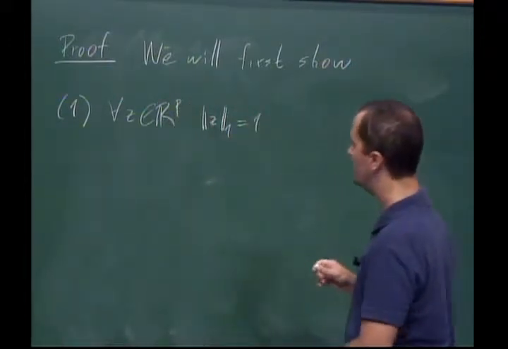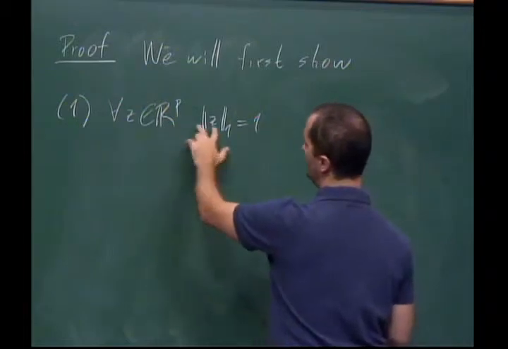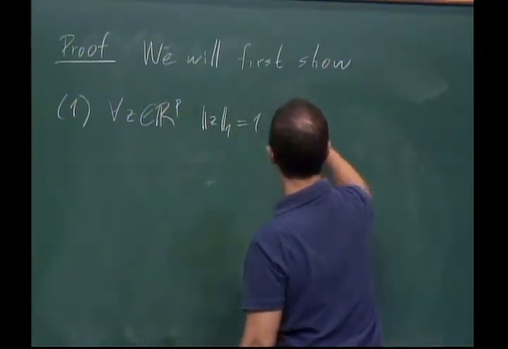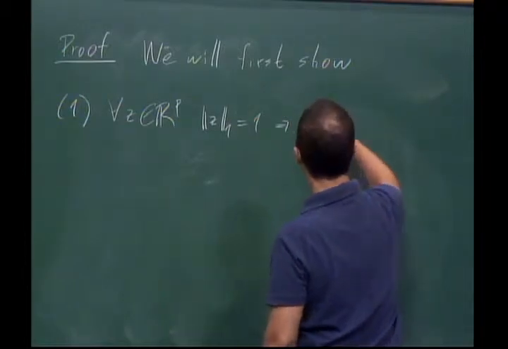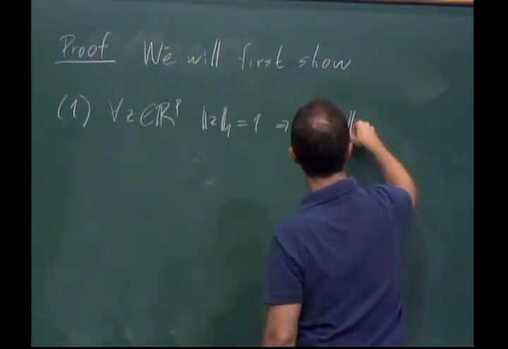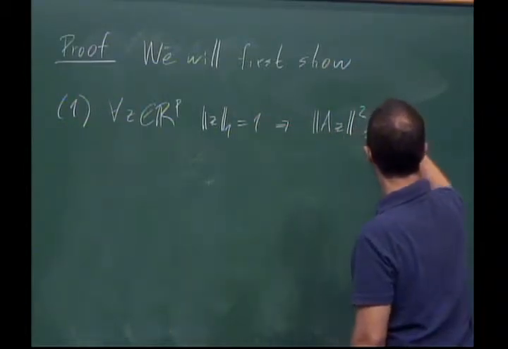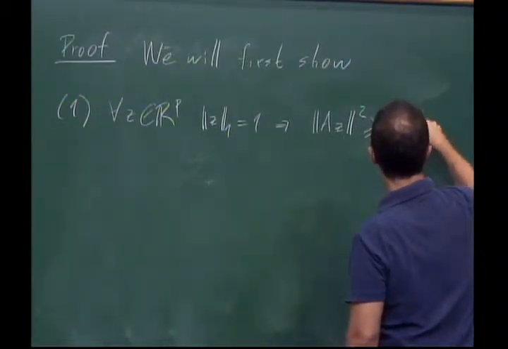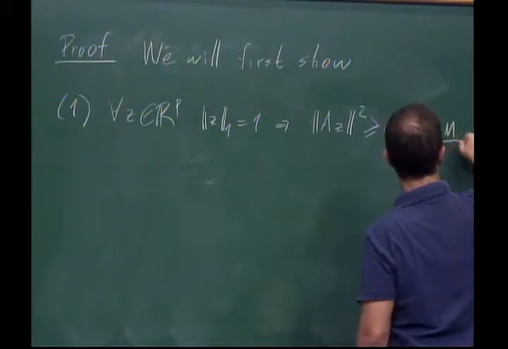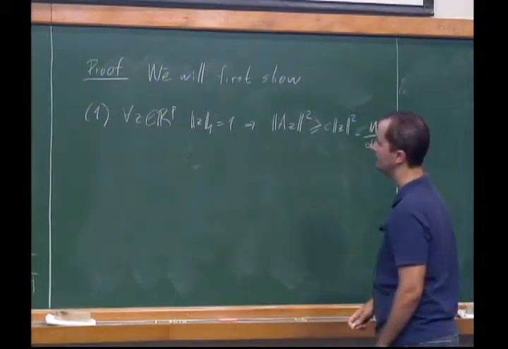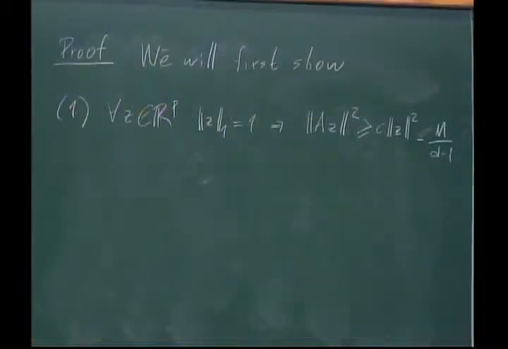So this first part says this. If you take a vector of L1 norm 1, then under the assumptions of the theorem, you get this thing here. This is the first step in the proof.